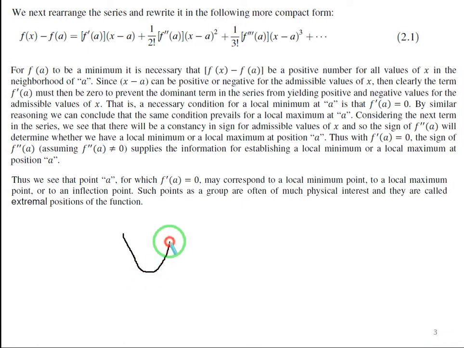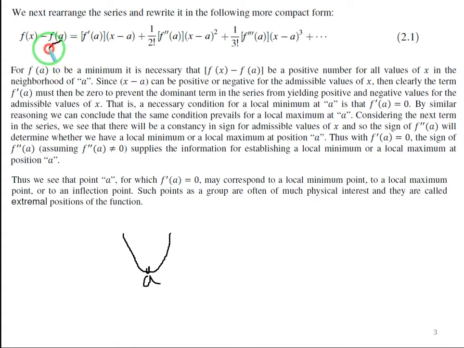You can see in this picture, this is point A. If point A is a local minimum of the function f of x, we can say that f of x minus f of a must always be a positive number in order for point A to be a local minimum.